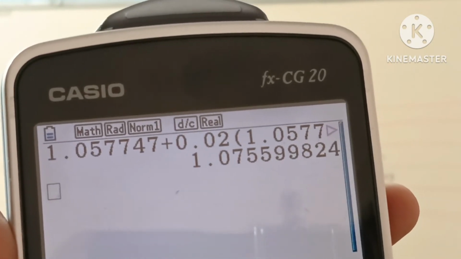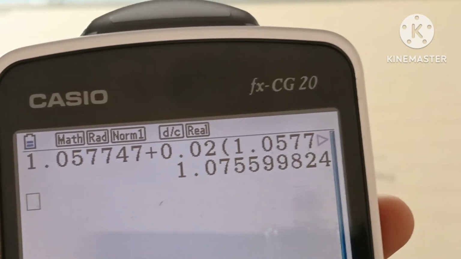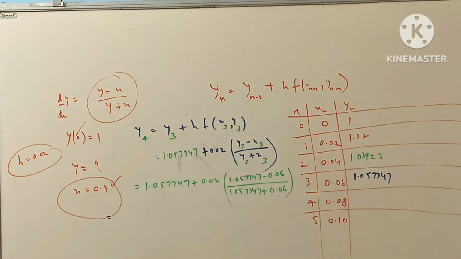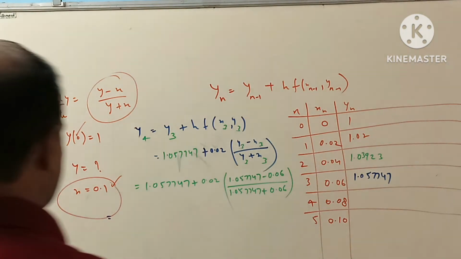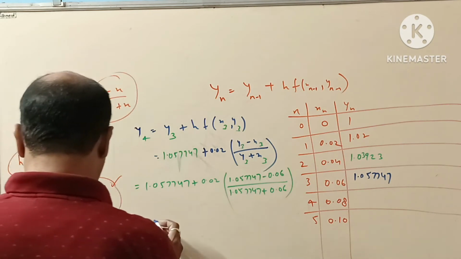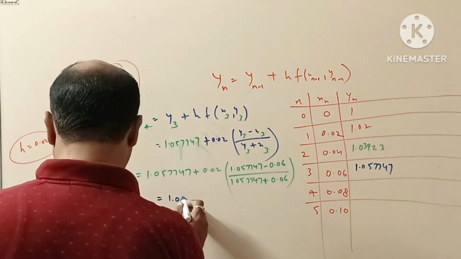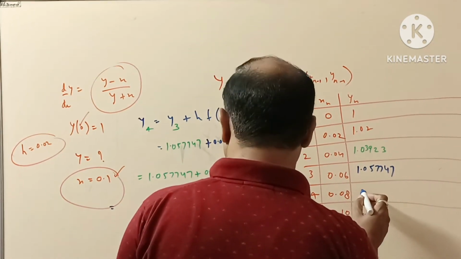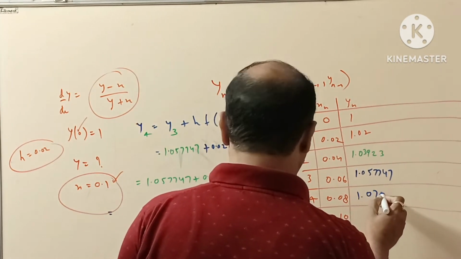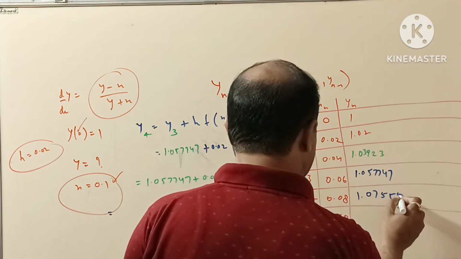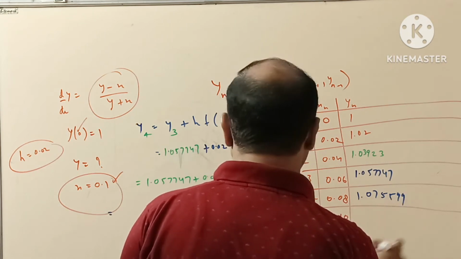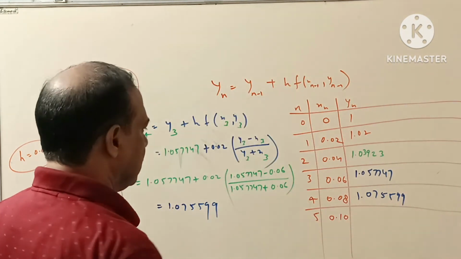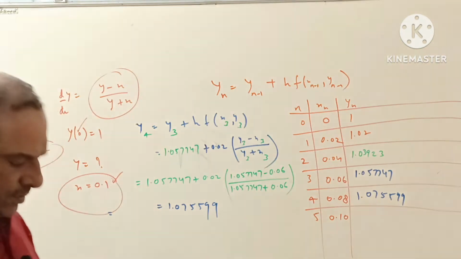You can use the GDC for your work. Now here the answer is coming to be 1.07559, and this is actually double 9. You can write it as 1.075599. Okay, and this way you are able to do this.